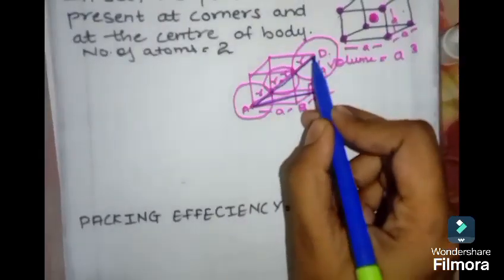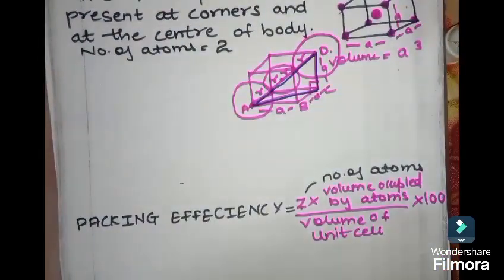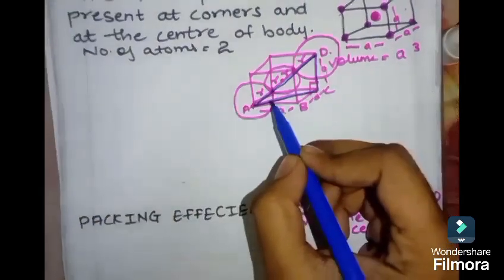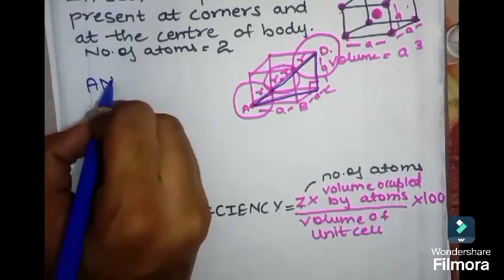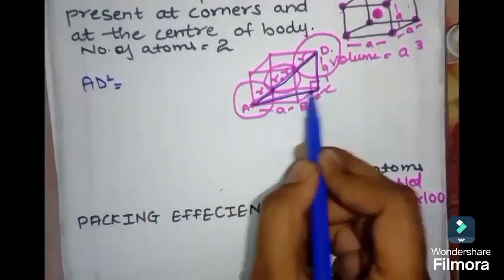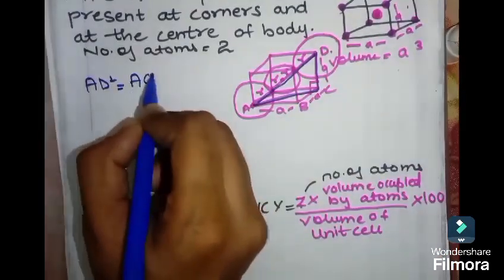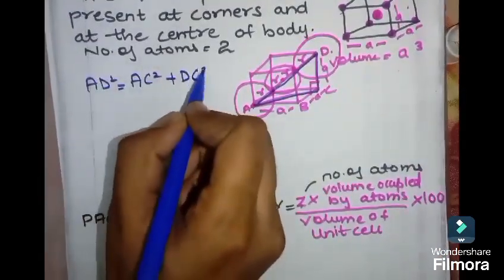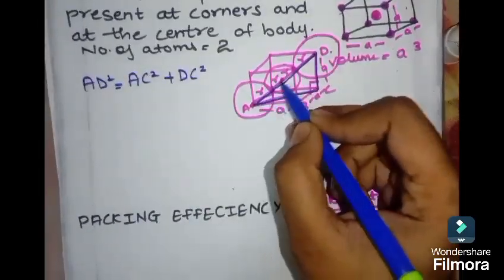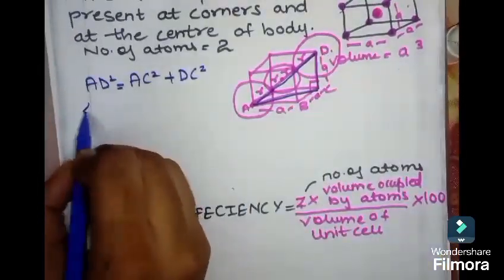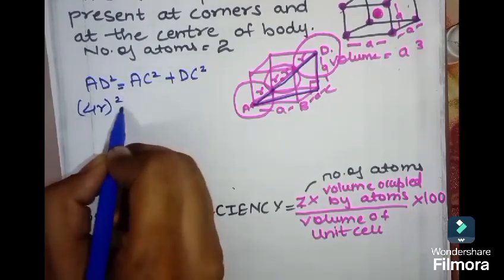The Pythagoras theorem states that the hypotenuse square is equal to the base square plus height square. So the hypotenuse over here is AD square. So can I write it as AD square is equal to AC square plus DC square. Now you can see over here that AD is nothing but 4 radius. So can I write 4r over here?